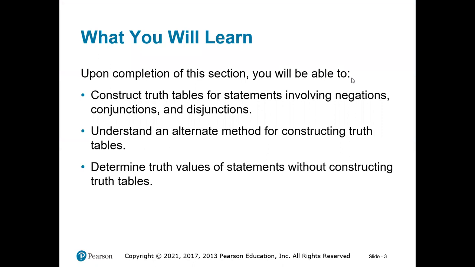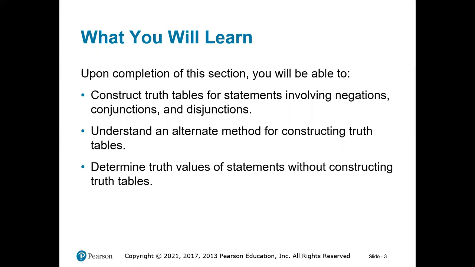After you finish this, you should be able to construct truth tables of statements involving negations, conjunction, and disjunction, and you should be able to use what this slide calls an alternate method of constructing truth tables. Actually, there's only one method. The idea is the same, but there are variations of how to construct a truth table.